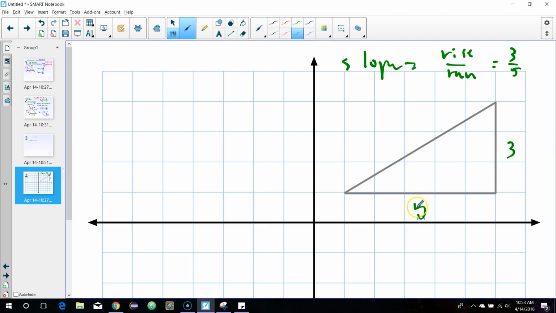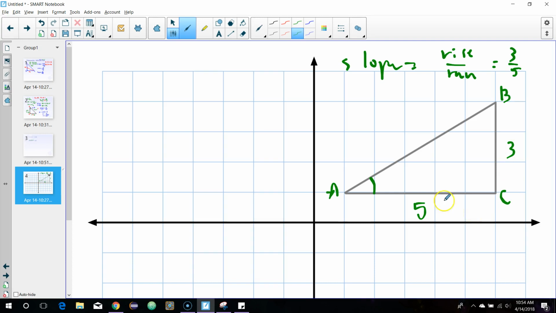3 and 5. Okay, when they say finding the angle measurement of the mountain or something that's steep, obviously you're looking for the angle measurement that is formed with the horizontal line. So basically they want to find this angle over here. So just like before, you may want to put the A and the B and the C over here.